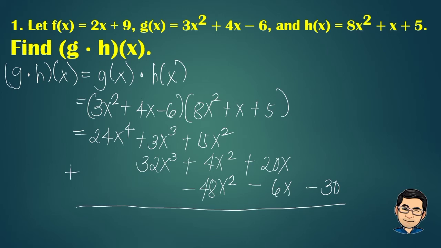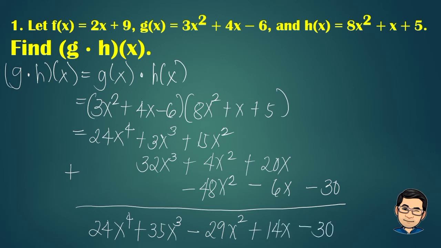So, bring down 24x to the 4th power. 3x cubed plus 32x cubed, magiging 35x cubed. And then, 15x squared plus 4x squared, that is 19x squared. Plus, negative 48x squared, magiging negative 29x squared. 20x plus negative 6x, that is 14x, minus 30.